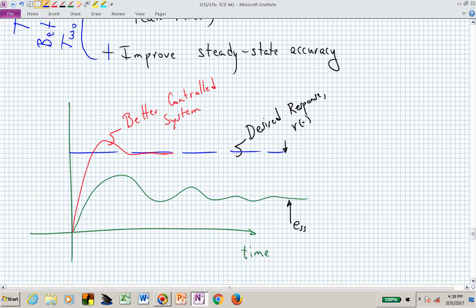So our goal in this class is to transition from green response trajectories to red response trajectories, achieving this acceptable trade-off between overshoot and speed of response. You can see even that the red curve gets to the blue curve quicker than the green curve would, and also steady state accuracy.